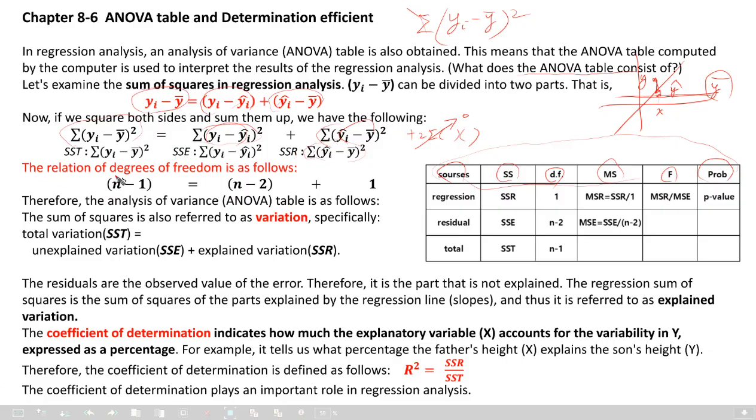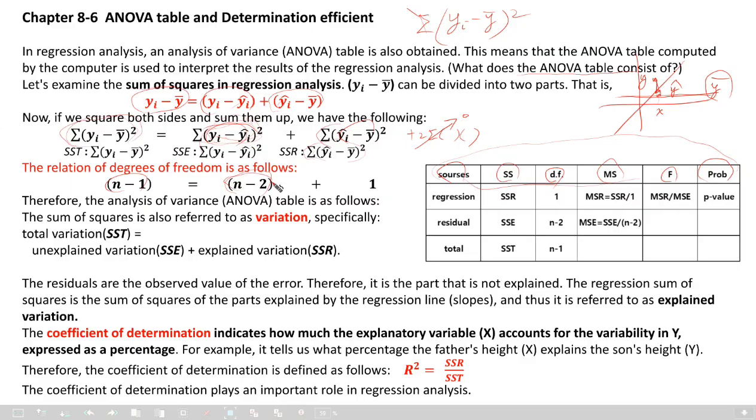The relation of degrees of freedom is as follows. What is the degrees of freedom here? N minus 1. What is this? N minus 2. We have seen the degrees of freedom of SSE. Here there are two estimated parameters. How many terms in the sum? N. So how many estimated parameters? 2.